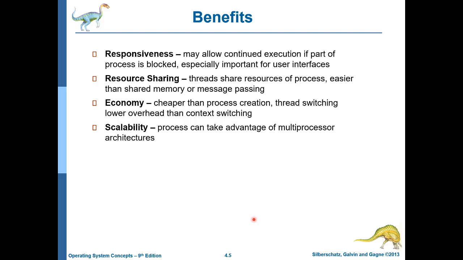Now compare this with the last chapter when we studied inter-process communication. In inter-process communication, we studied two methods, shared memory and message passing, and those two were between processes. Normally they are on the same computer. In one computer, the processes share memory or they pass messages with one another.